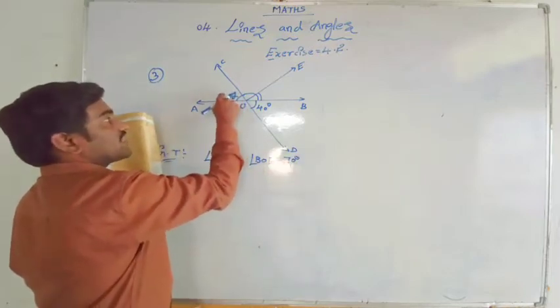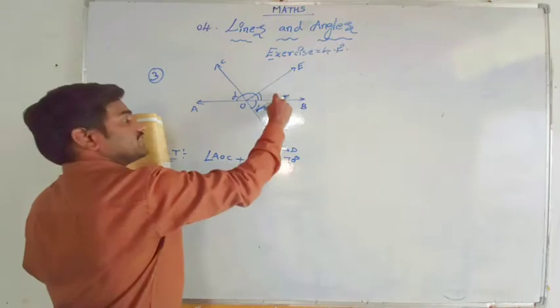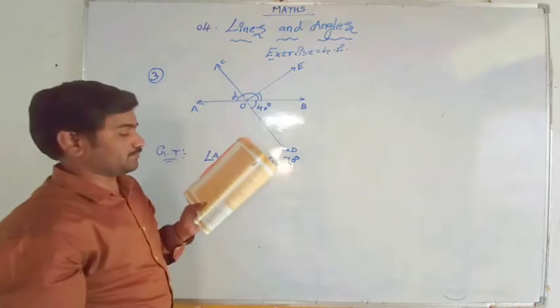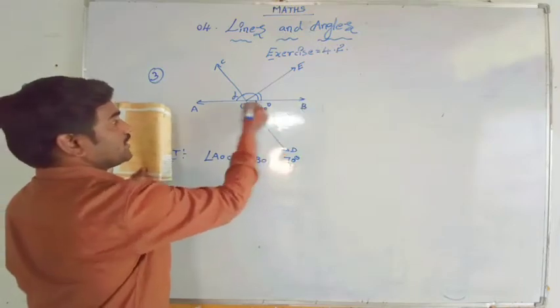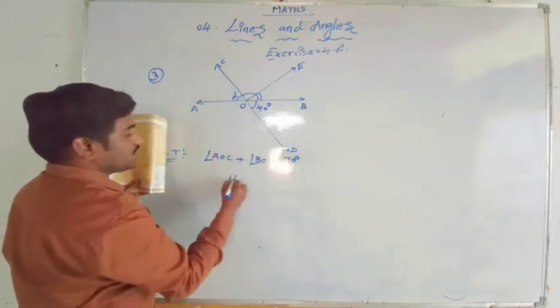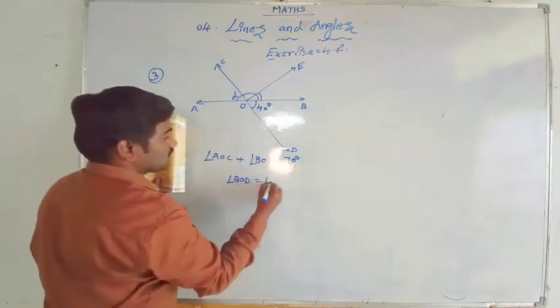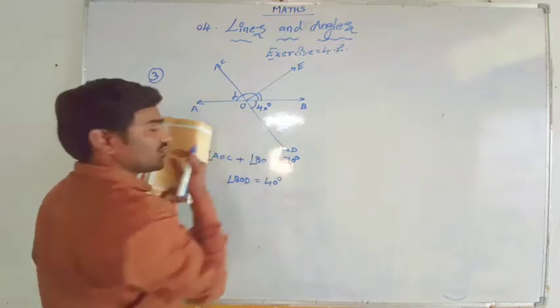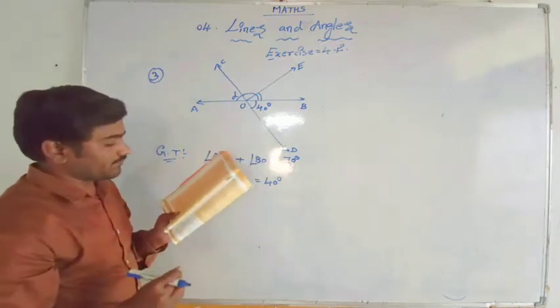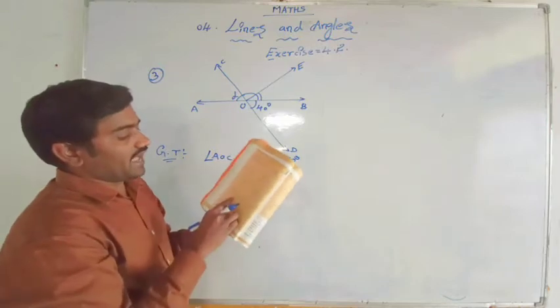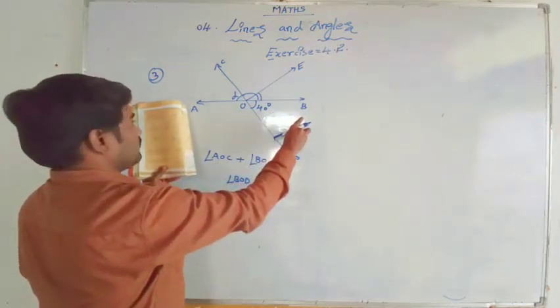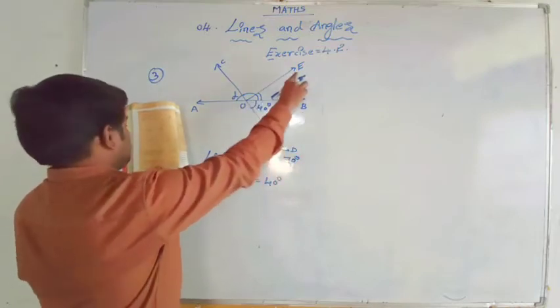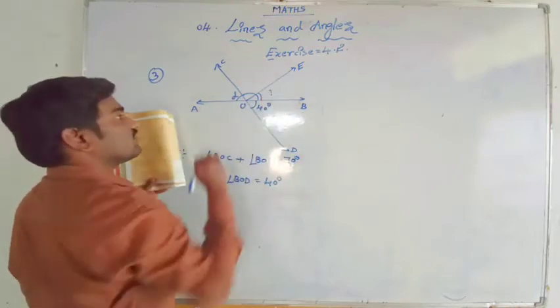This angle AOC plus this angle BOE equals 70 degrees. And angle BOD is equal to 40 degrees. This is what is given in the question. Find the angle BOE, so this angle we need to find out.